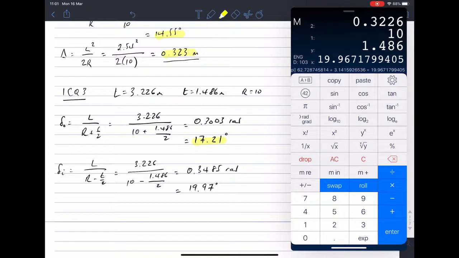Okay, so the outer and the inner steering angles, okay?